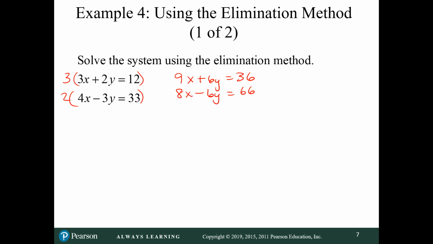Now I've created opposites out of my y's. One's a positive 6y, one's a negative 6y. Okay, so now that I have opposites, I can add my columns. 17x equals 102, divided by 17.